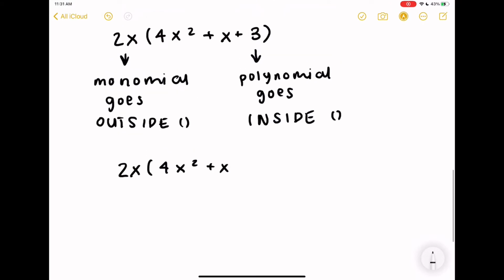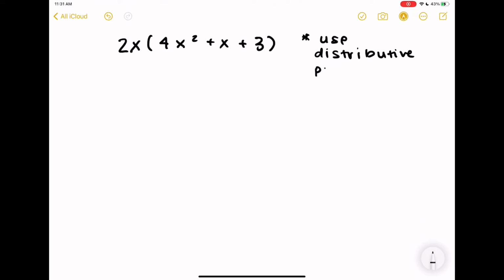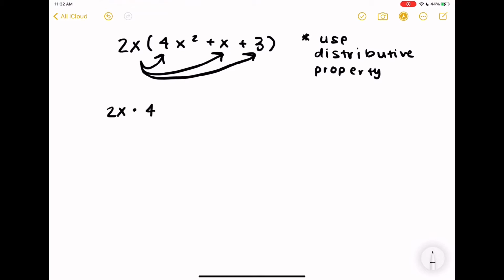So we have 2x and then in parentheses 4x squared plus x plus 3. Using the distributive property, which essentially means we take the term outside of the parentheses and multiply it by each and every term inside of the parentheses, we end up with 2x times 4x squared plus 2x times x plus 2x times 3.